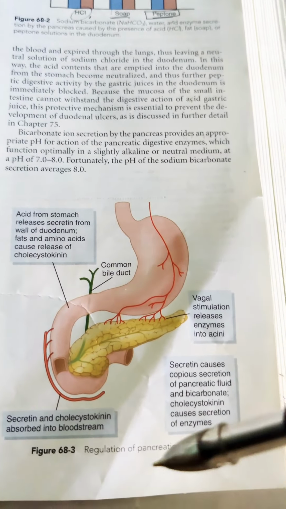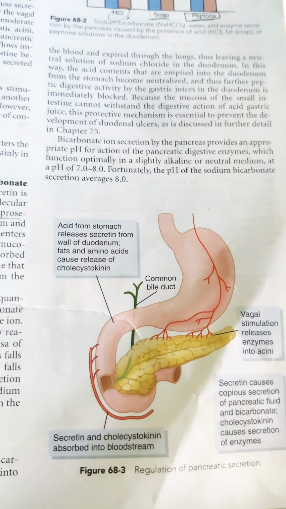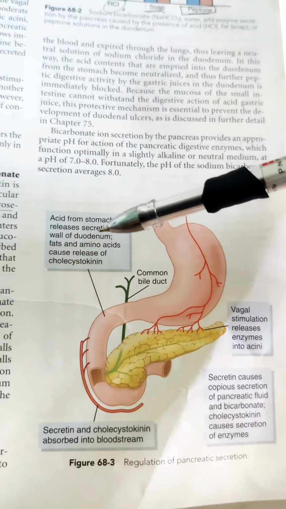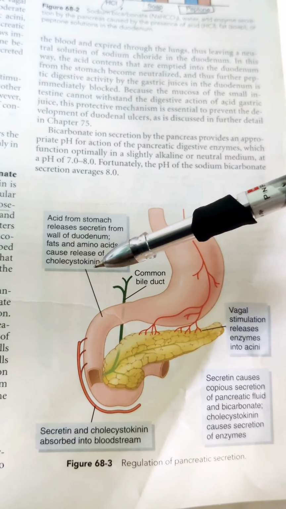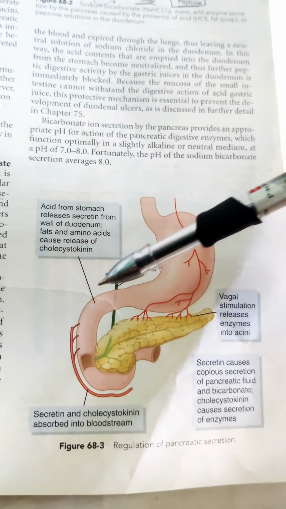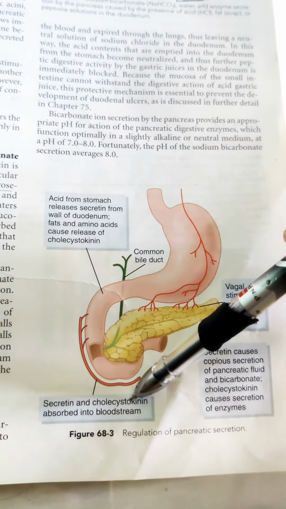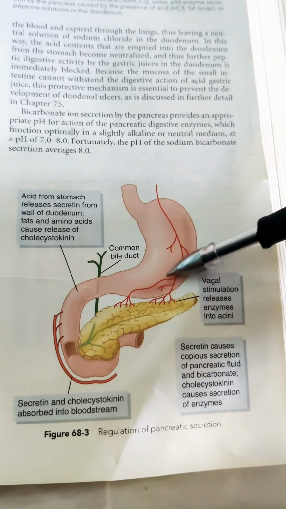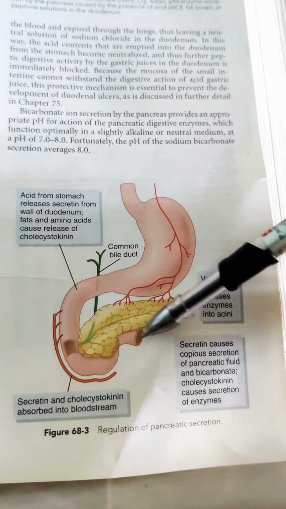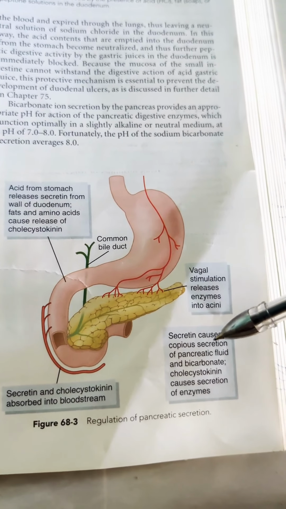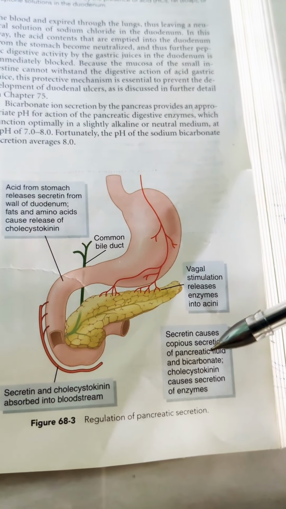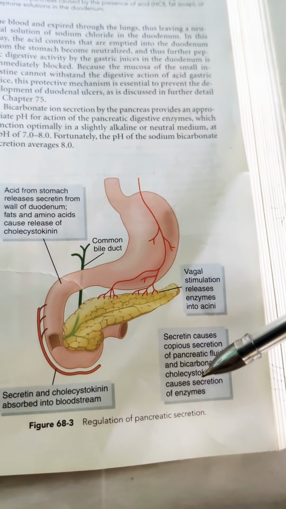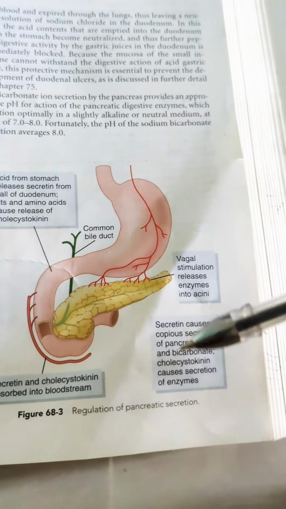And you can see the regulation of pancreatic secretion, as we discussed. The acid from the stomach releases secretin from the wall of the duodenum, fats and amino acids cause release of cholecystokinin, and secretin and cholecystokinin are absorbed into the bloodstream. Vagal stimulation releases enzymes into the acini, and secretin causes copious, meaning higher, secretion of pancreatic fluid and bicarbonate, whereas cholecystokinin causes higher secretion of enzymes.